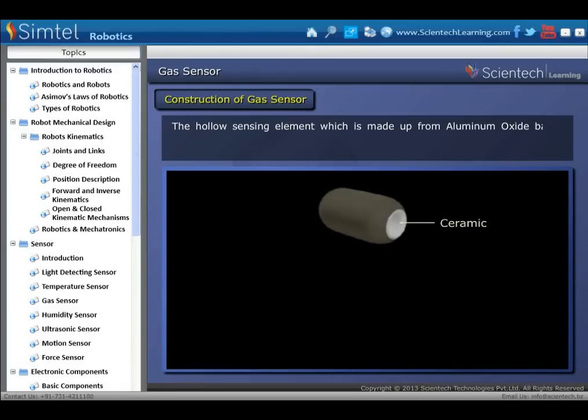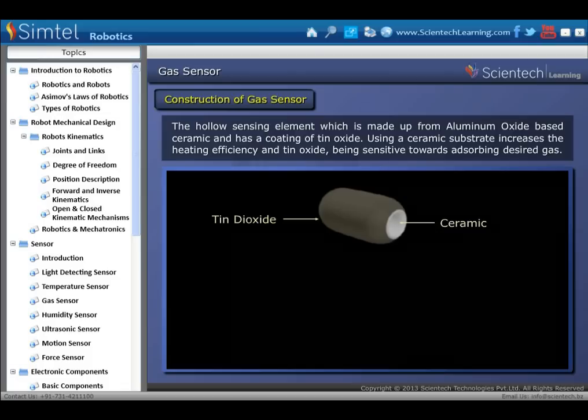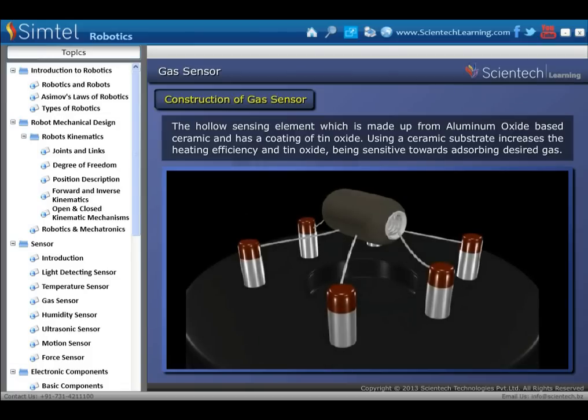Now, the hollow sensing element, which is made up of aluminium oxide-based ceramic, has a coating of tin oxide. Using a ceramic substrate increases the heating efficiency, and tin oxide is sensitive towards absorbing the desired gas.